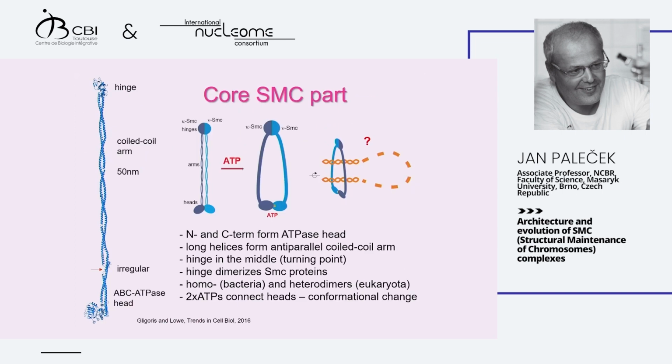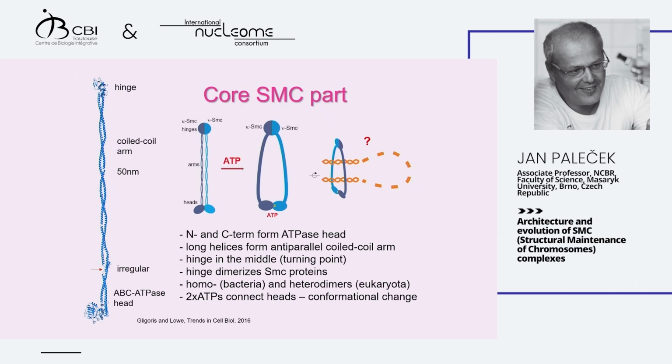They are always composed of two SMC proteins. What is important here is that these SMC proteins have an ATPase cassette, the so-called head domain, which is able to bind an ATP molecule and hydrolyze it. And this is actually the force which is responsible for the loop extrusion.